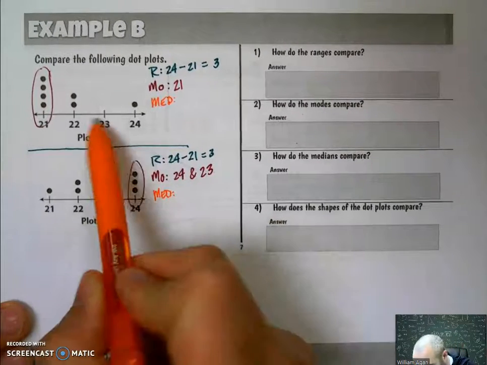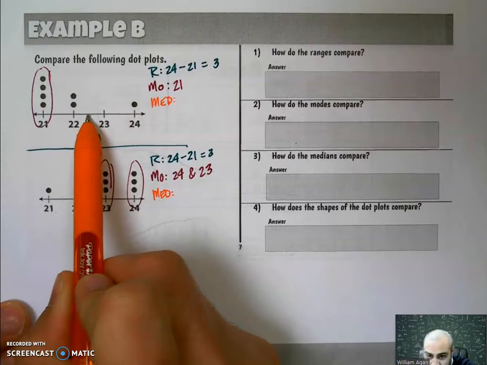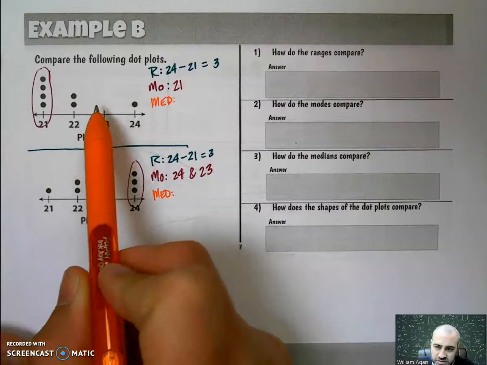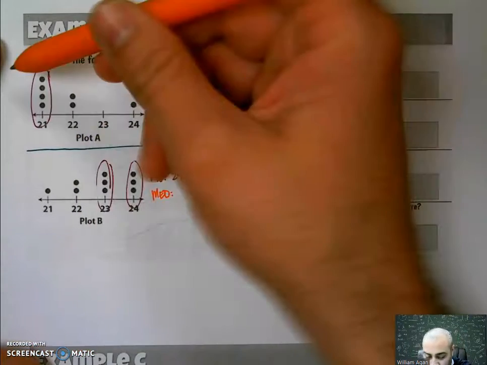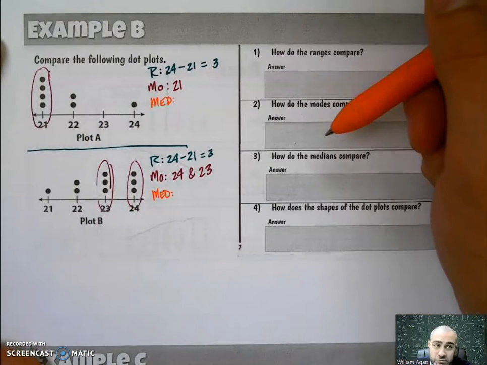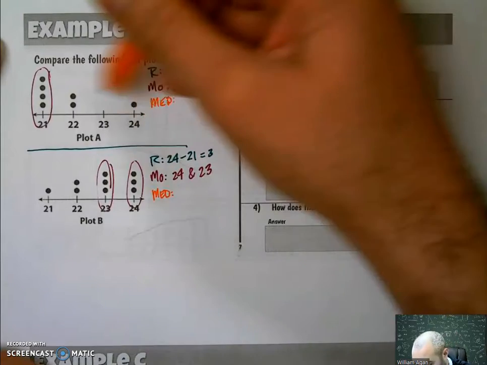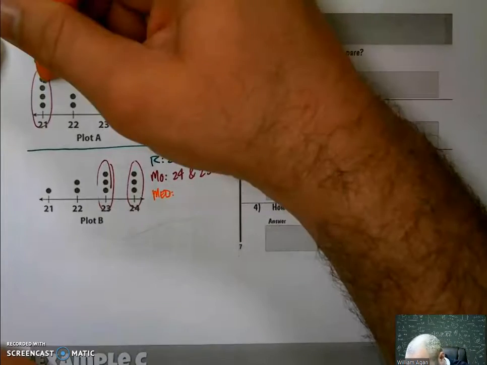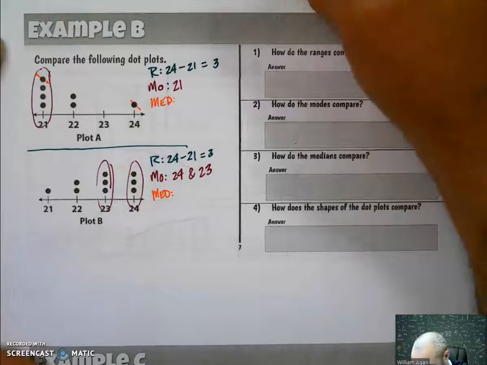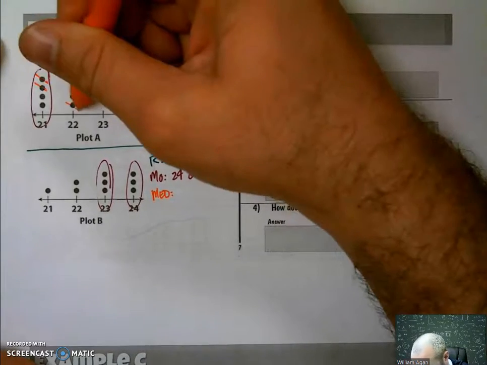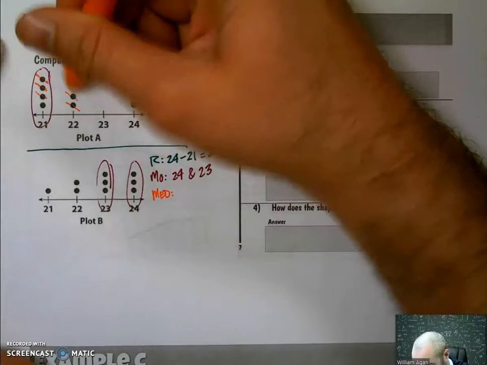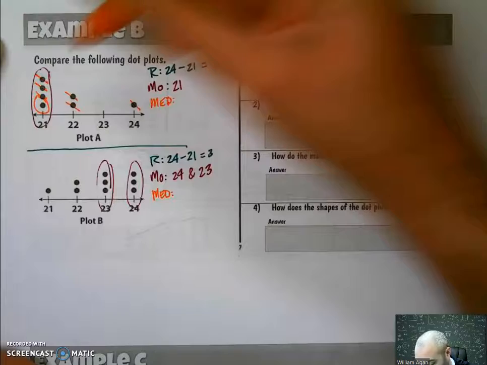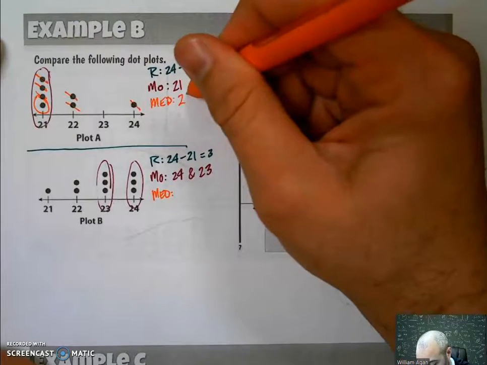You can't just say, oh, well, 22.5, that's the middle of the line. It doesn't work that way. You have to find, out of all the dots, what would be the middle value. So up here, I'm going to start crossing out on both sides. The top here and the right side here. Here and here. Here and here. So my median for this one is 21.